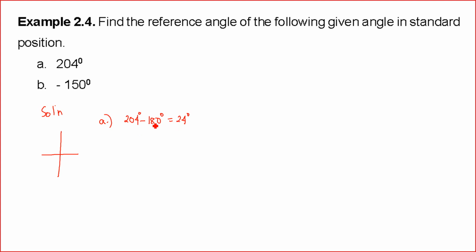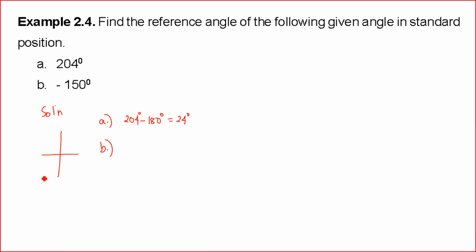For letter B, we have to visualize negative 150 degrees. Where is the terminal side of negative 150? If this is negative 90, and this is negative 180, then negative 150 is of course greater than negative 180. Therefore, it lies in the third quadrant.